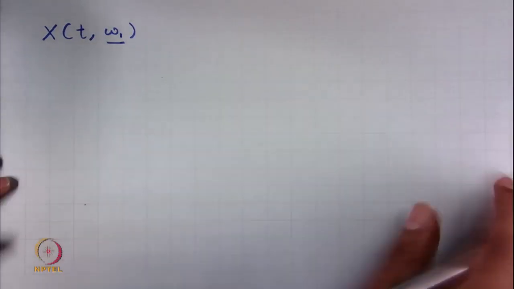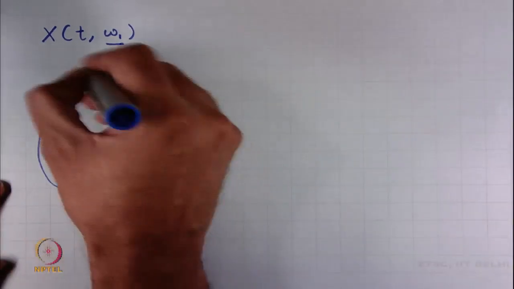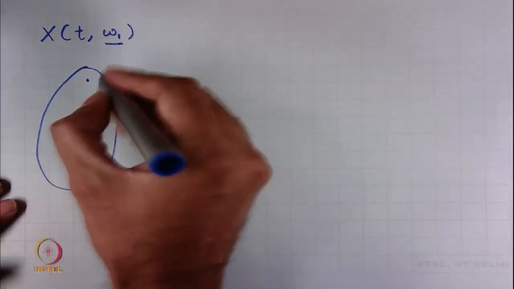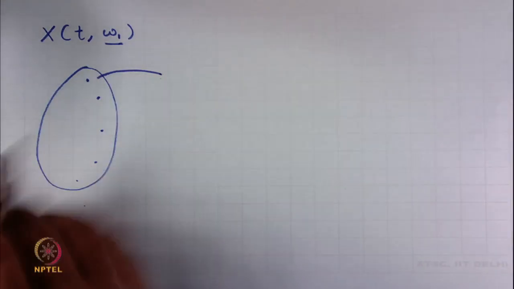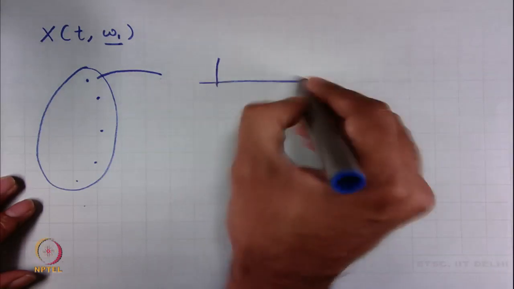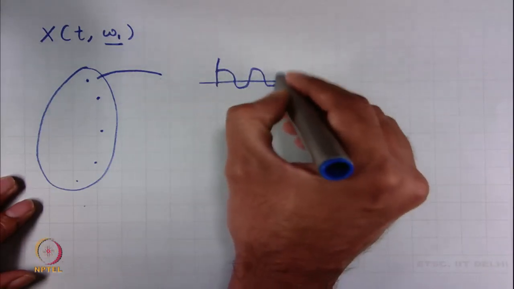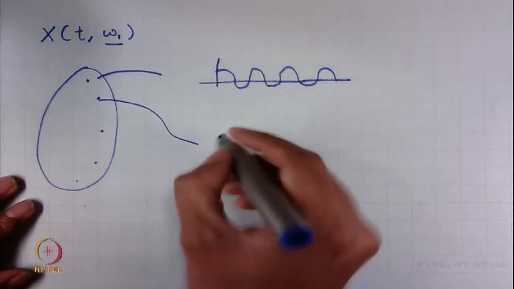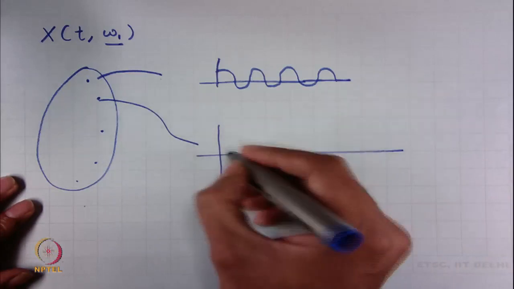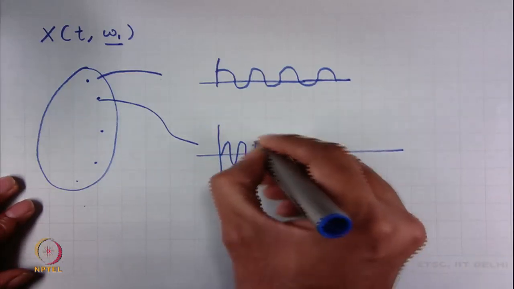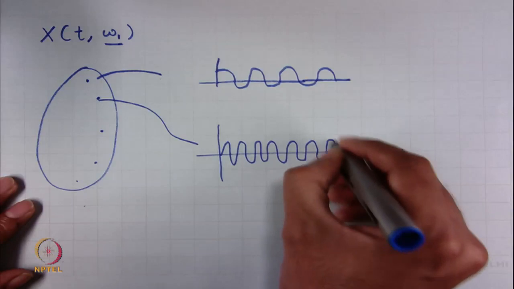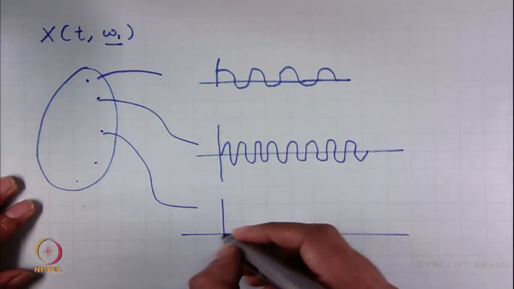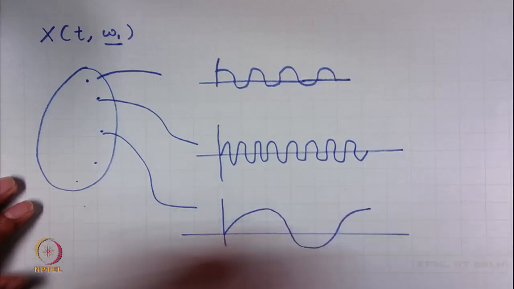So, the meaning is, suppose you have a sample space which was consisting of different outcomes, and let us say that you have got some function corresponding to this outcome. Let me assume that a function corresponding to this is a different sinusoidal waveform. Let me assume the function corresponding to this is some other sinusoidal waveform.